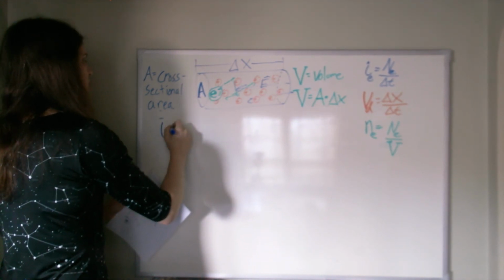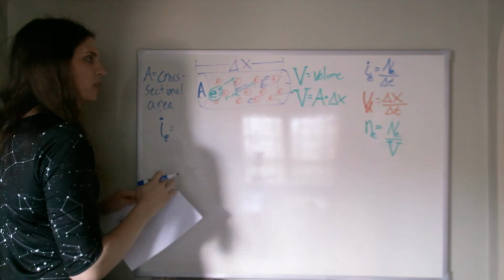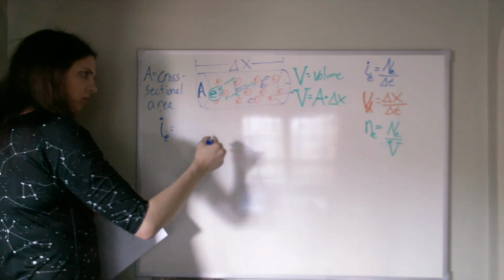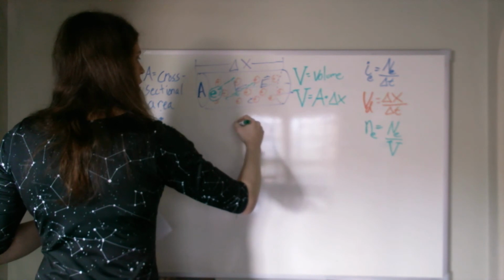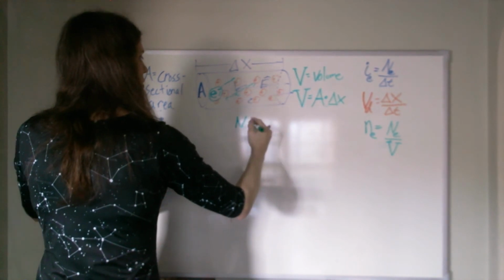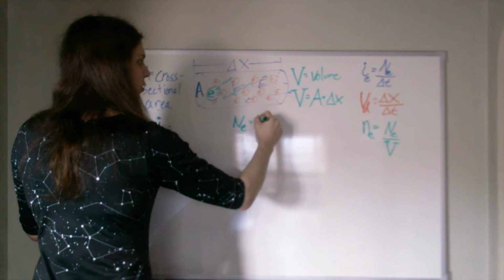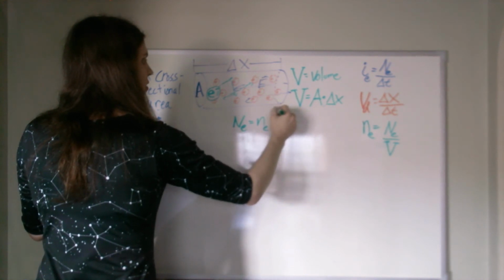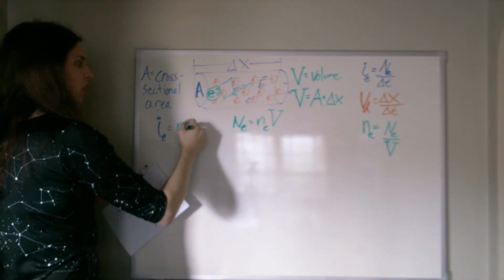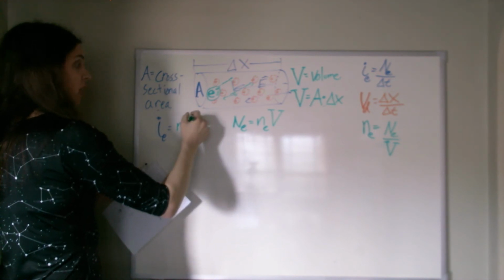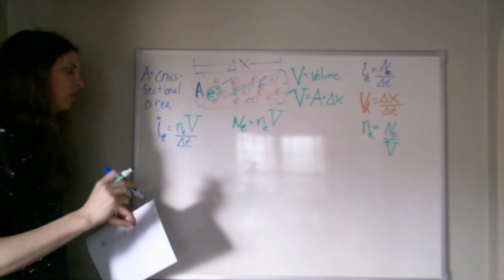So electron current, if that's number of electrons per unit time, and number of electrons is electron density times volume, then our electric current gets to be electron density times volume divided by the time it takes for those to travel.